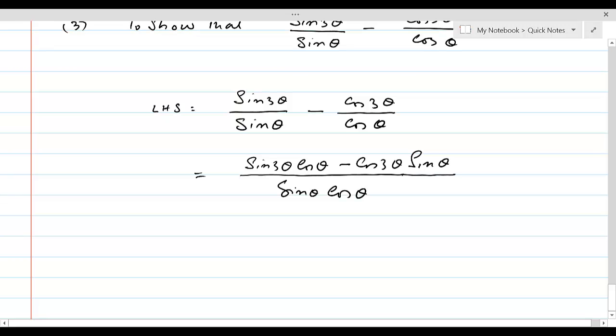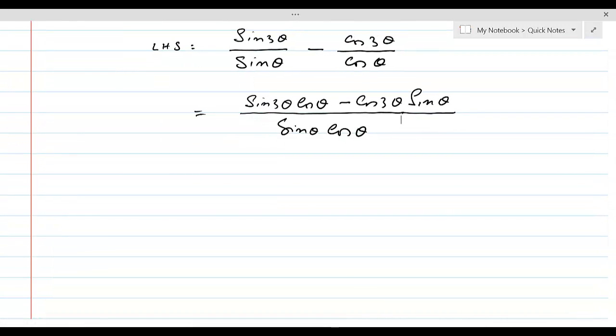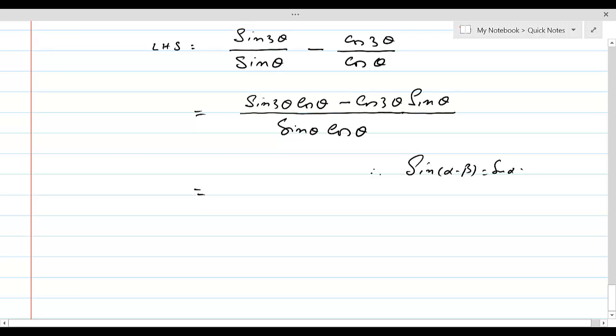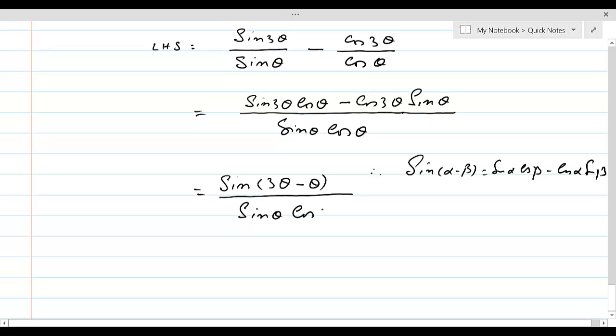And if you remember the formula for sine alpha minus beta, we will be using sine alpha minus beta, which is equal to sine alpha cos beta minus cos alpha sine beta. So if we use this formula, this will be equal to sine of 3 theta minus theta divided by sine theta into cos theta.